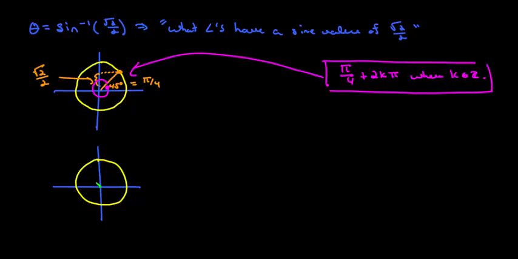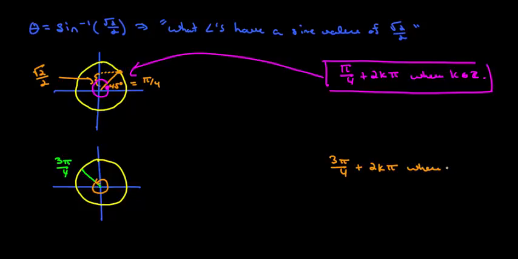And that angle comes out this way at 135 degrees, which is 3 pi over 4. Again, what I want is 3 pi over 4 plus every possible revolution. So I write that as 3 pi over 4 plus every single possible revolution around.